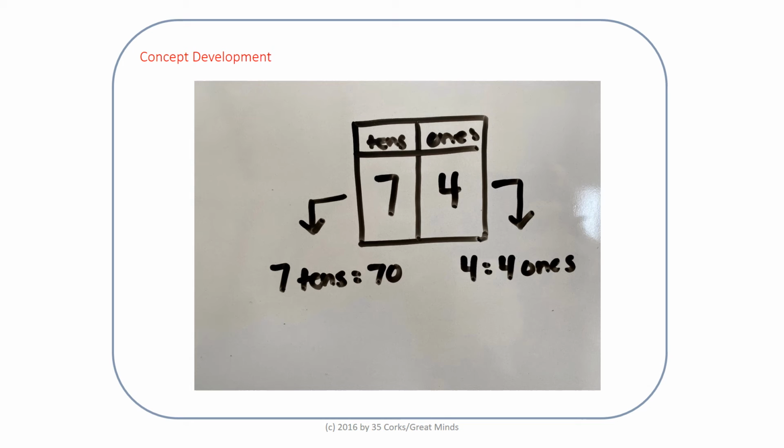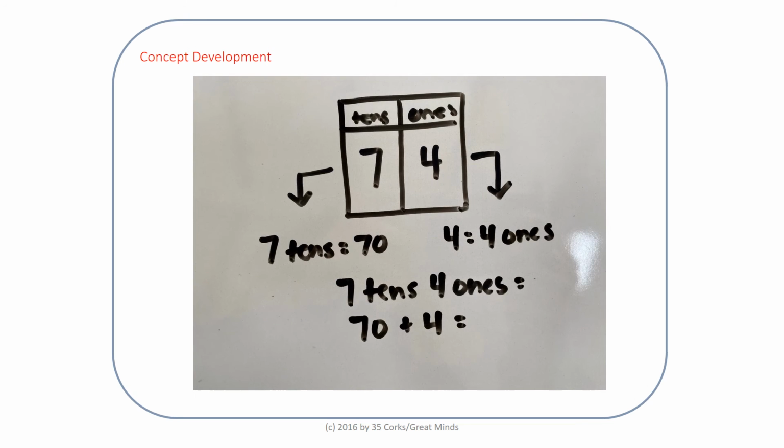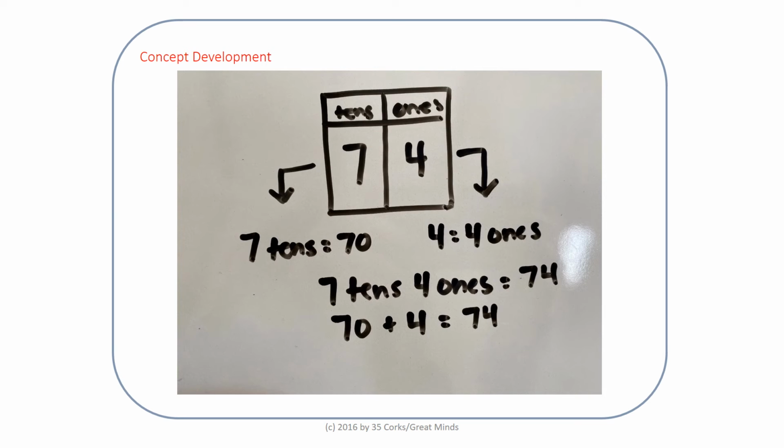It stands for 4 ones. What is 7 tens, 4 ones, or 70 plus 4? What do those both equal? They both equal 74. Let's try it again.